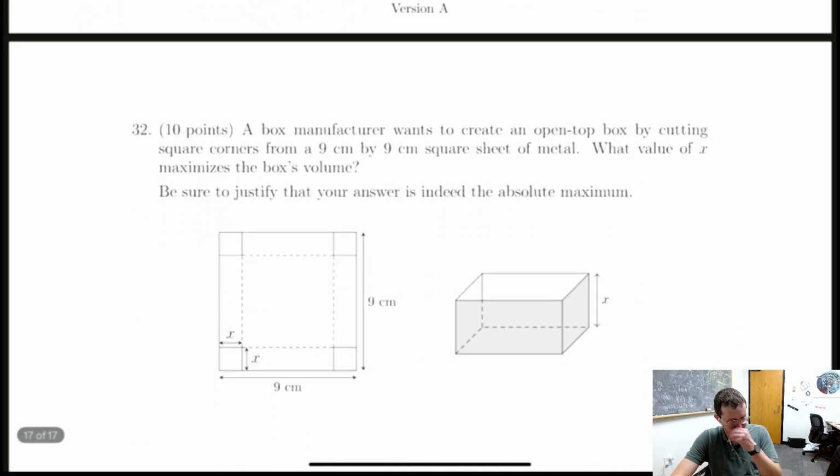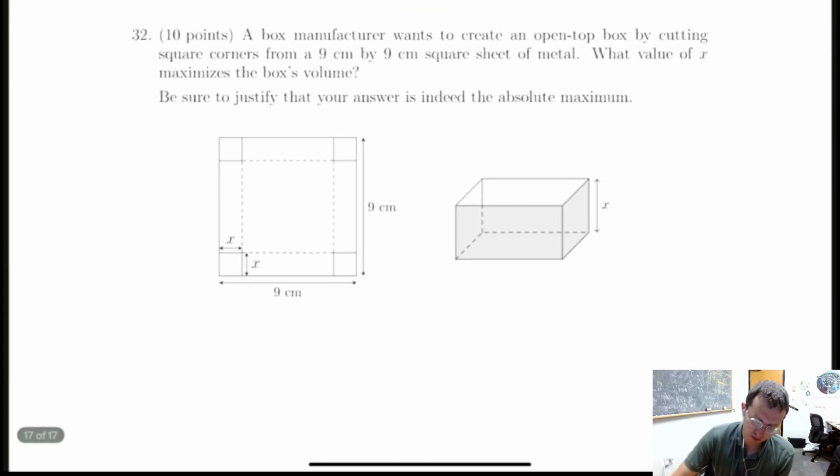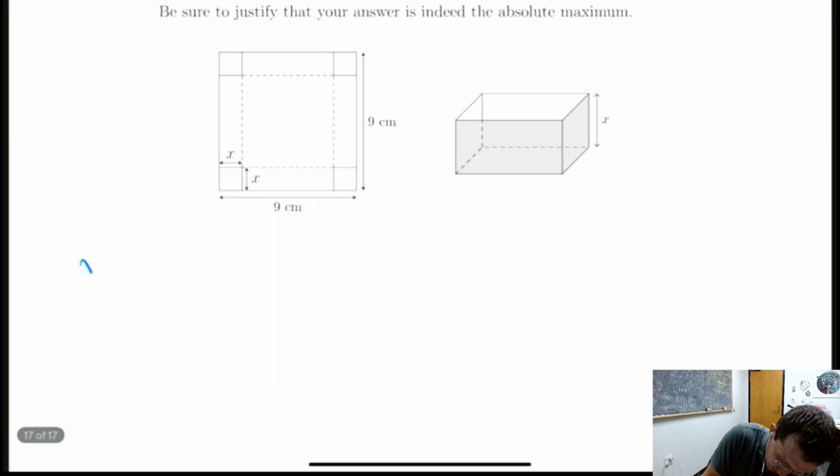All right. A box manufacturer wants to create an open-top box by cutting square corners from a 9x9 sheet of metal. What value of x maximizes the box's volume? Okay.